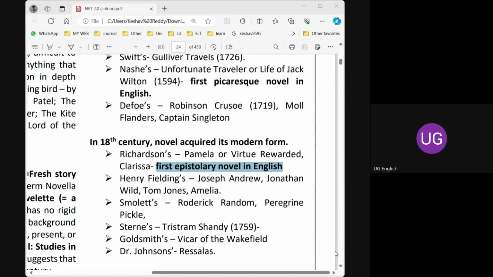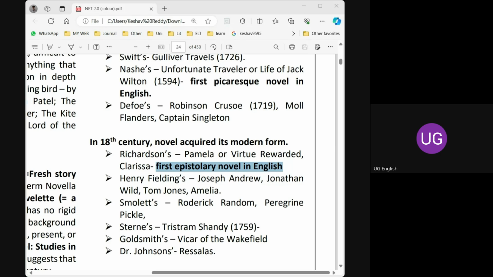So the entire novel will be in the form of letters written by one character to other characters. That is a type of invention by Richardson. So this is a very important term in English literature. An epistolary novel is a novel written in the form of letters.